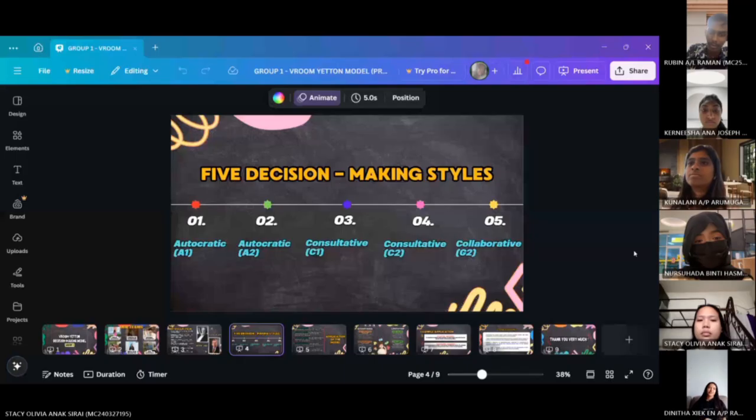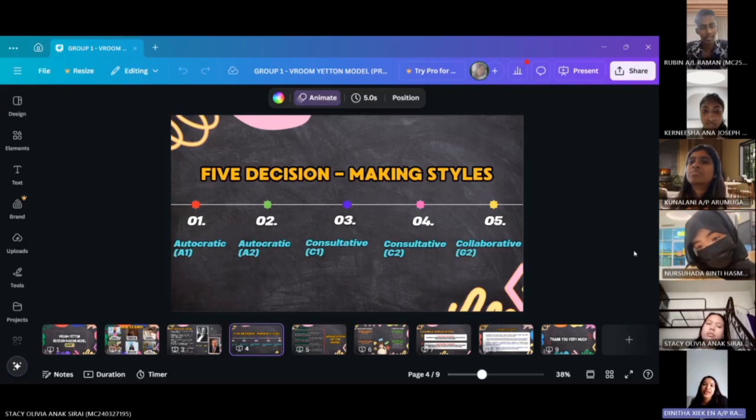Thank you. I'm going to present the 5 decision-making styles of the Vroom Yetton model. The first one is autocratic A1. This is when the leader makes the decision alone using the information available at the time. This style is used when the leader has all the necessary information and does not need input from team members.